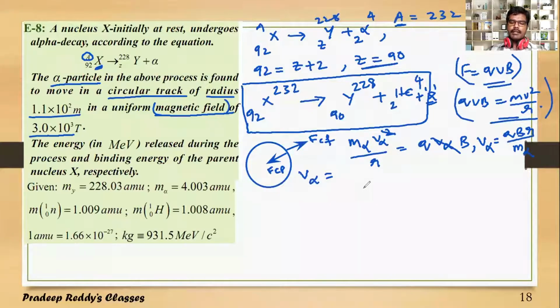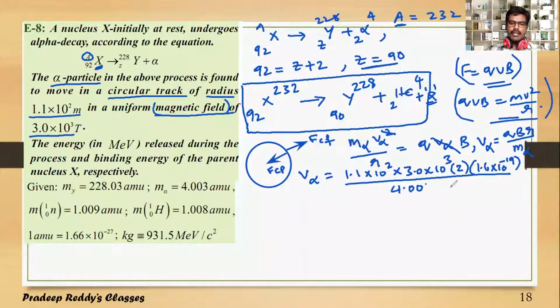From here, you should calculate velocity of the alpha particle. Velocity of alpha particle can be written as R, radius 1.1 into 10 power 2, magnetic field 3.0 into 10 power 3 Tesla, and charge of the alpha particle, it is 2 times charge of the proton, 1.6 into 10 power minus 19 divided by mass of the alpha particle, it is given as 4.003 AMU, it is 1.67 into 10 power minus 27 kg.